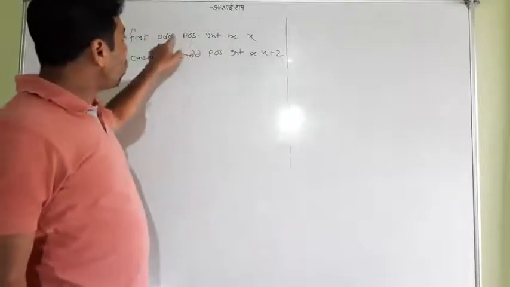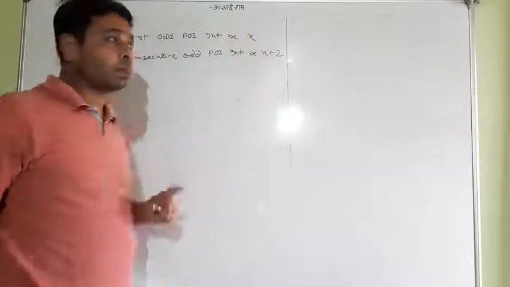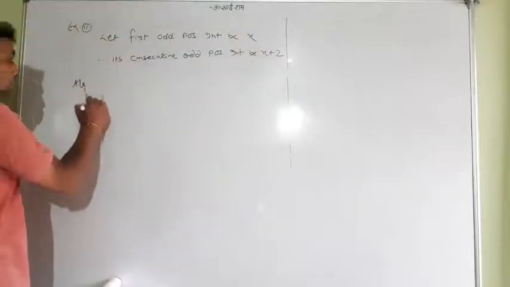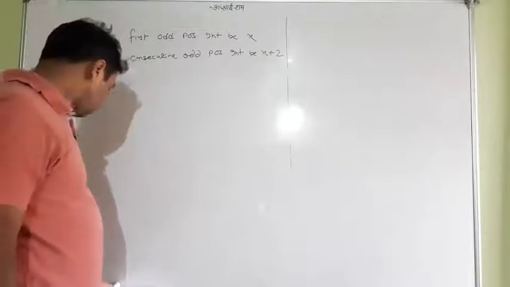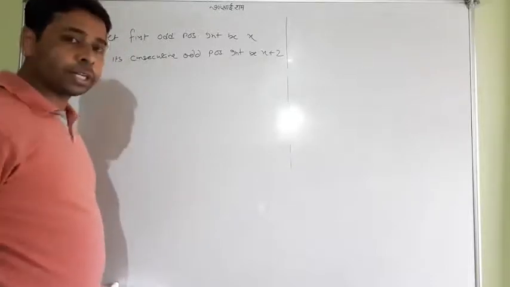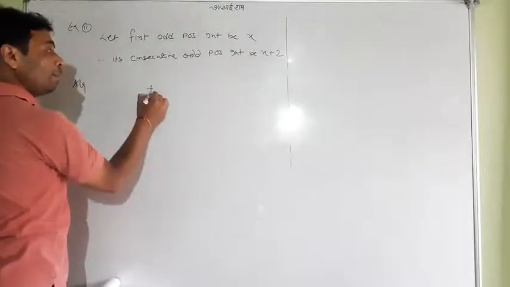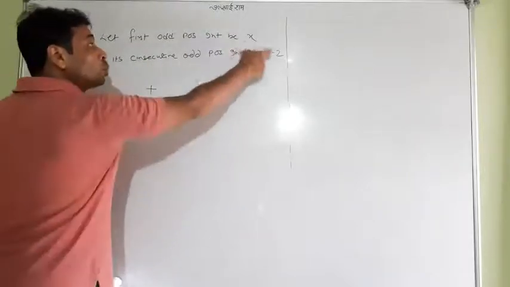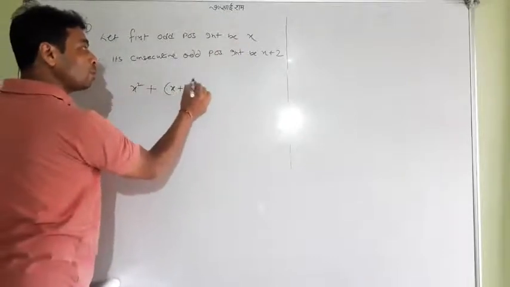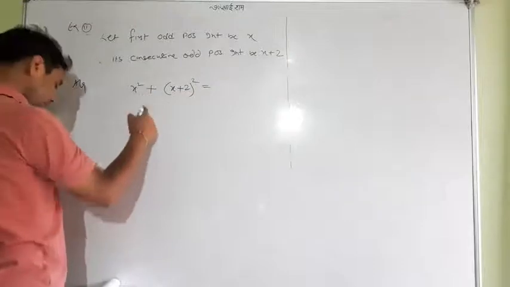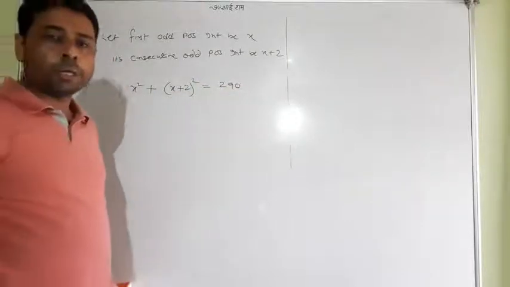As the question says, the sum of whose squares is 290. Sum means plus, and squares means the square of x and the square of x plus 2. The sum of whose squares is equal to 290. This is going to be the equation.